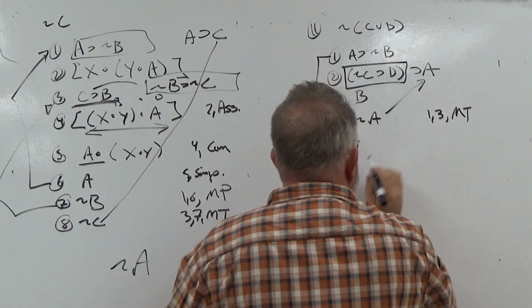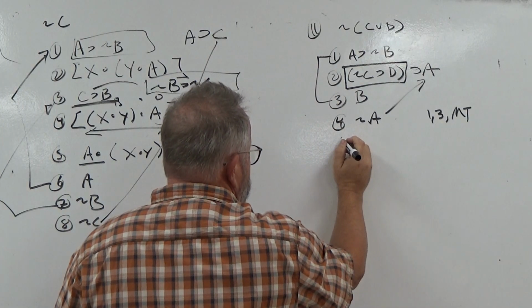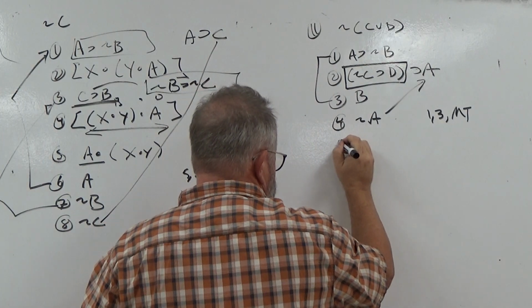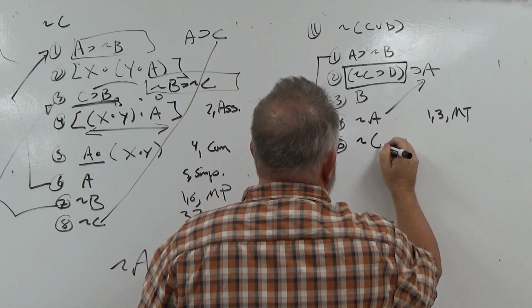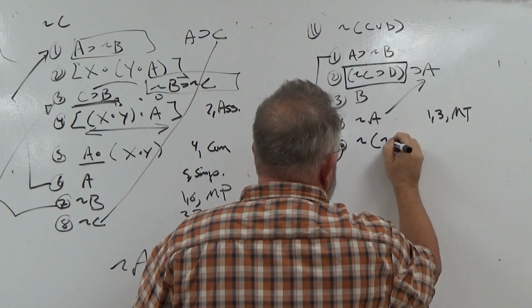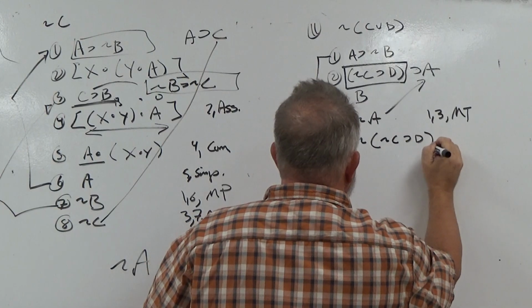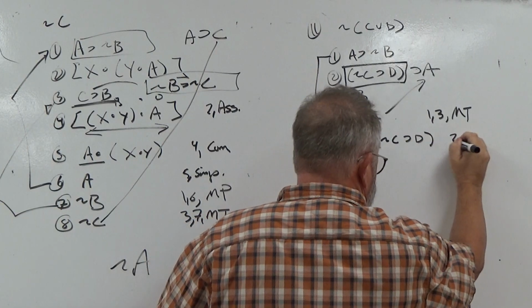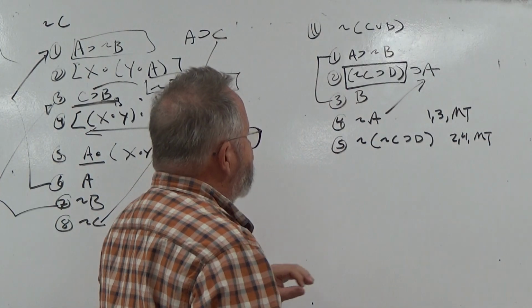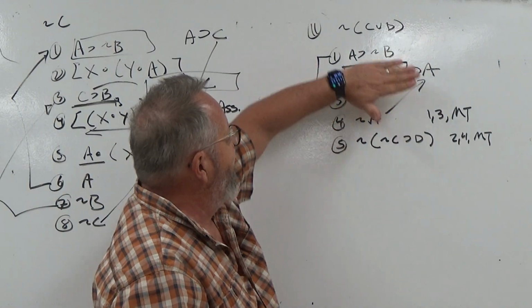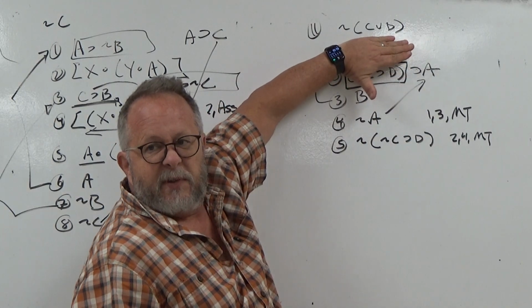Now with the not A, I can do a modus tollens on line 2. So I get not C, then D, and that's from 2 and 4 modus tollens, right? Now, this does not look like that, okay?